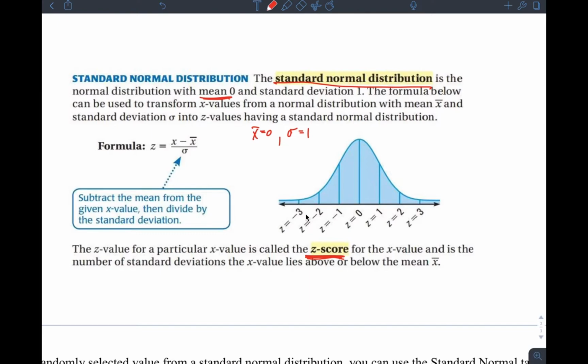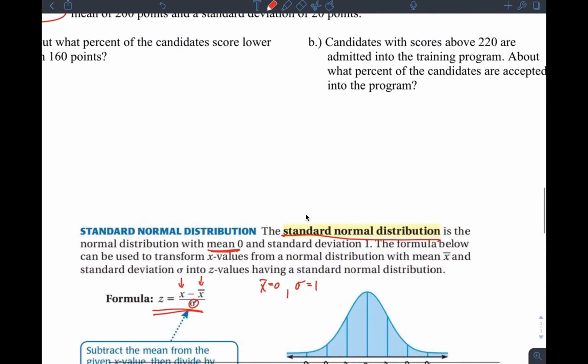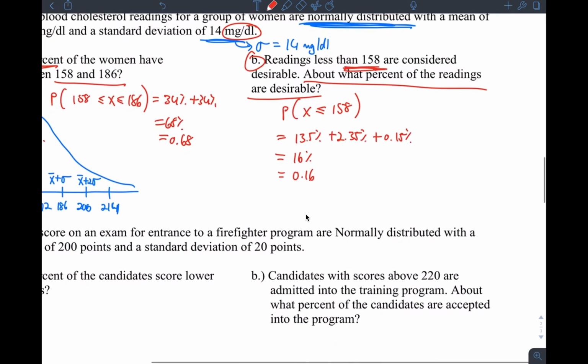A z-score comes from taking a specific x value, subtracting the mean of that distribution, and dividing by the standard deviation of that distribution. We call that process standardizing. Doing this to values from a distribution is called standardizing. We could go back to our previous distribution and find a z-score for this.